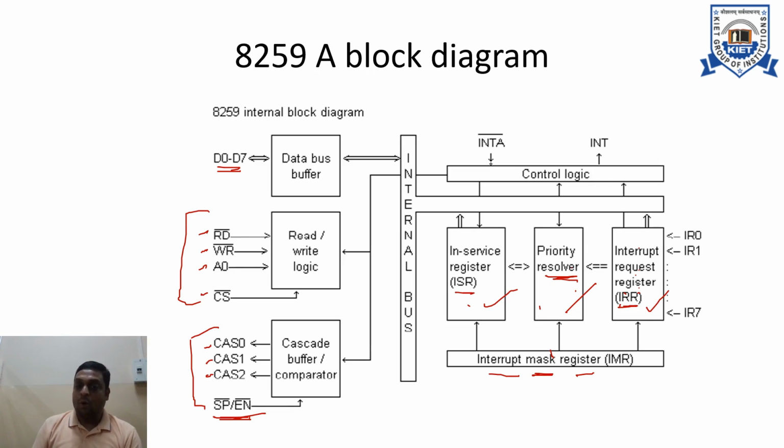Masking means to pause that interrupt and handle the higher priority interrupt. Out of these 8 interrupts, one will be given to ISR, then ISR will provide that interrupt to the processor's interrupt signal. So the interrupt signal is an outgoing signal over here.